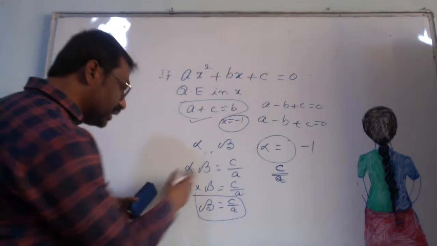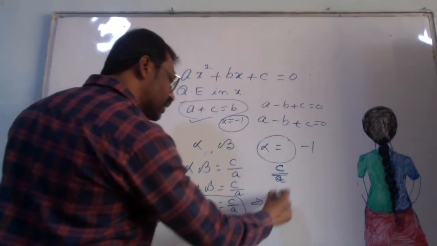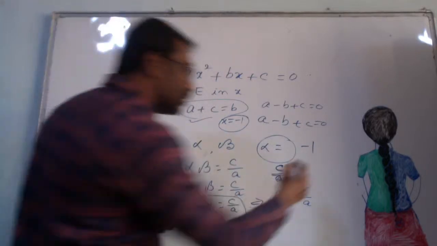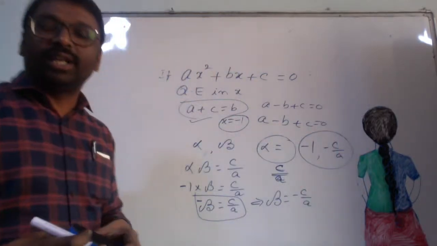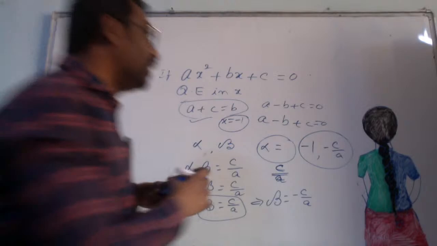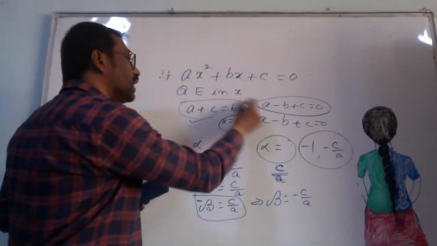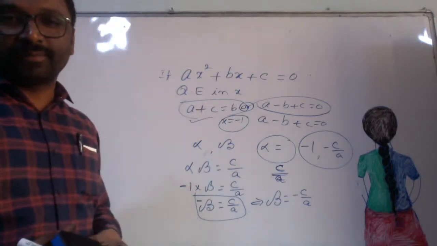In the same way, using the product condition, minus beta equals c by a, so beta equals minus c by a. Therefore, minus 1 and minus c by a are the roots of the quadratic equation when a minus b plus c equals 0, that is a plus c equals b.